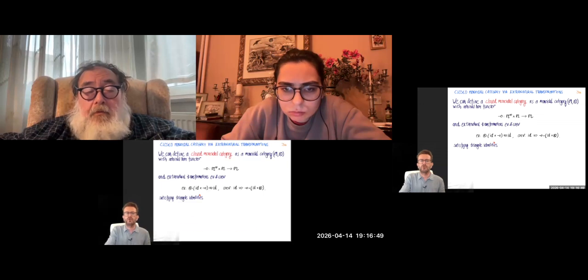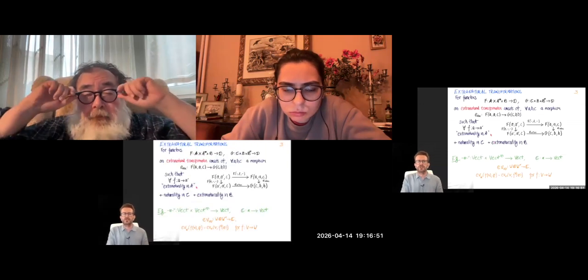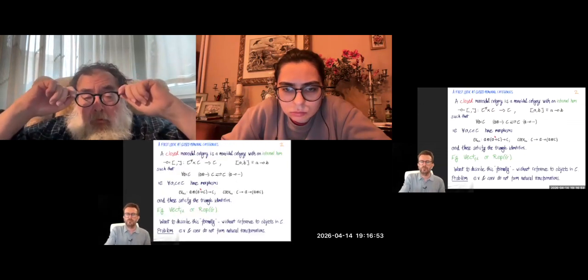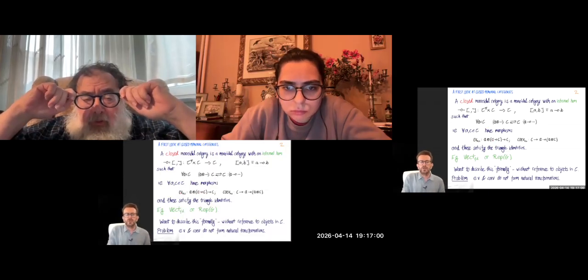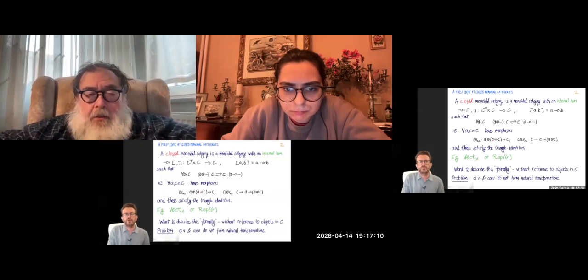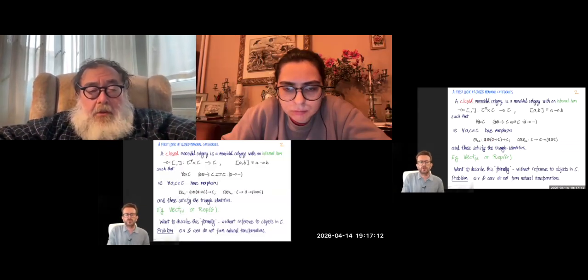Now let me just look at the form of this. So evaluation, and let me just go back to a slide here. What we do with evaluation, we do the internal Hom first. So we've got three variables. We leave the first variable as it is, do the internal Hom of the second two, and then we tensor the two results together.